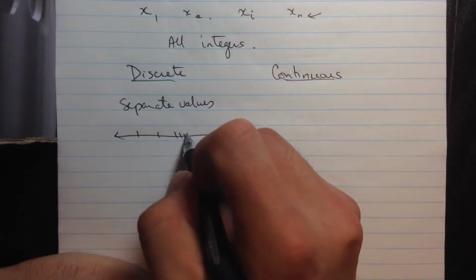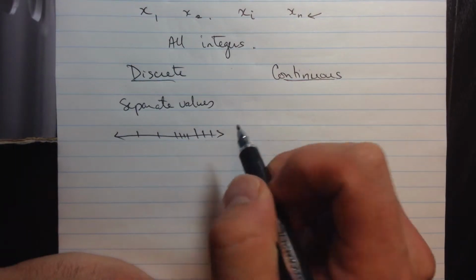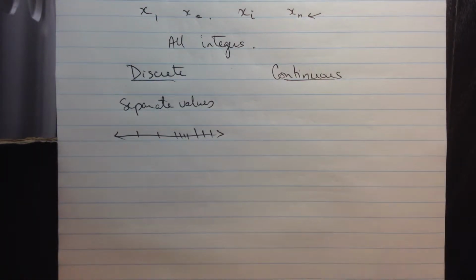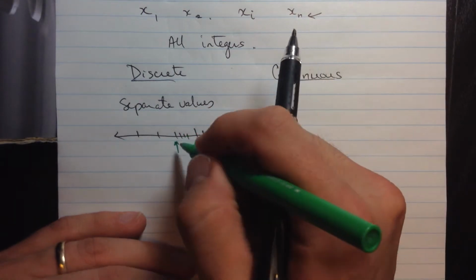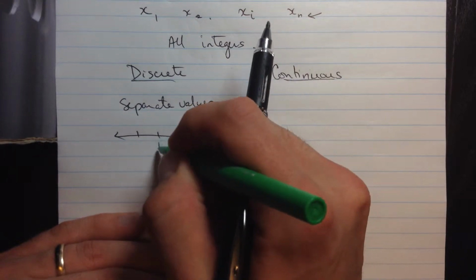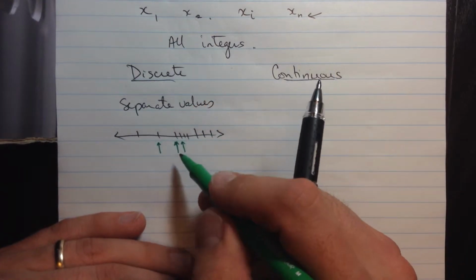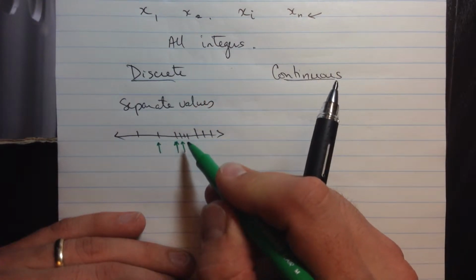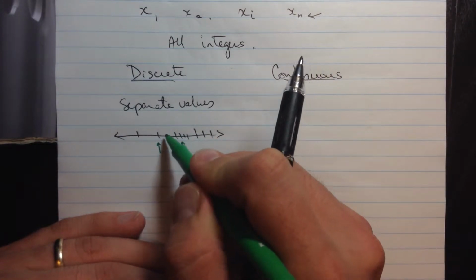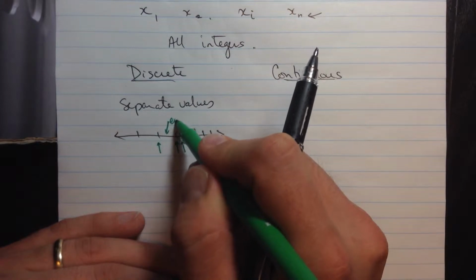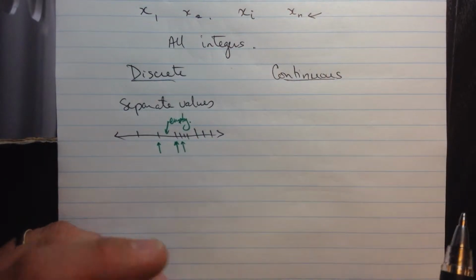They could be clumpy or something. But whatever it is, if you take a value like that one, there is a value next to it, and there's a value maybe on the other side of it. But in any case, no matter what value you pick, you can pick the one next to it, and there won't be any values in between. This area will be empty right here.